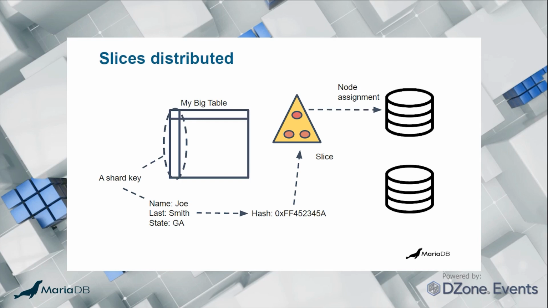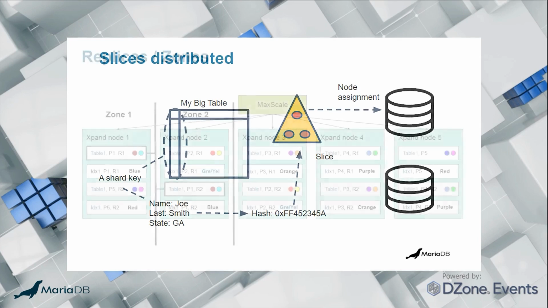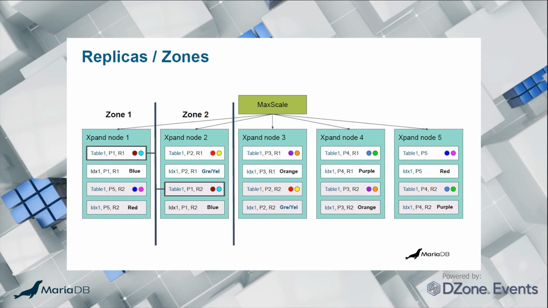That slice is then assigned to a node. And there's at least one replica of that. So it is essentially sharding, but it's automatically assigned and managed sharding and automatically rebalanced. Rebalanced because I might lose a node, I might gain a node. So this is how data gets distributed.